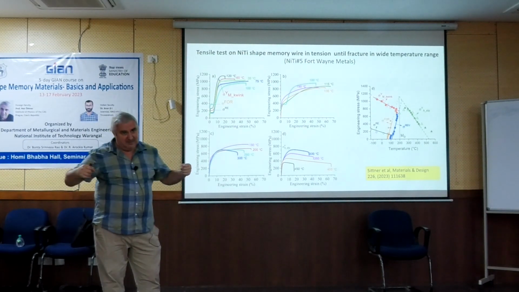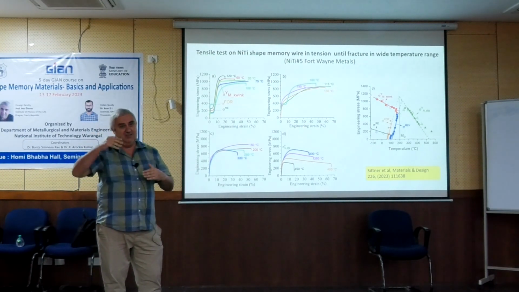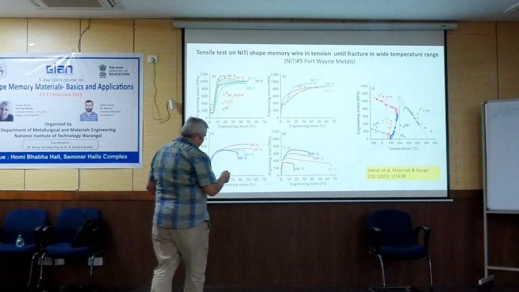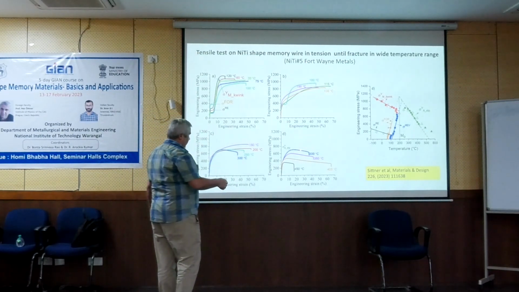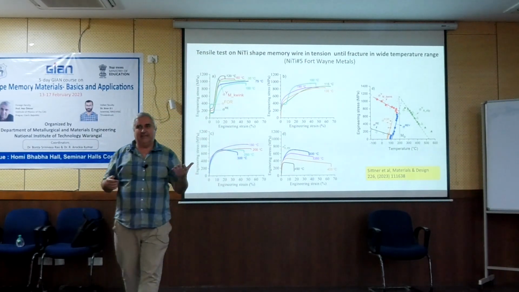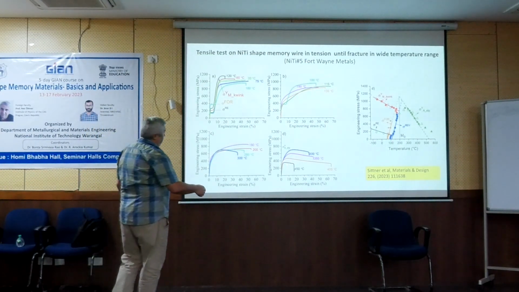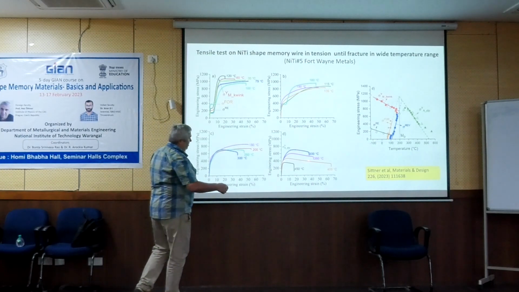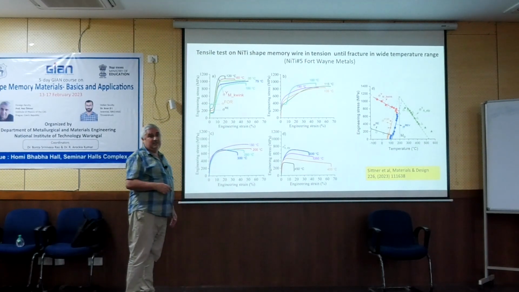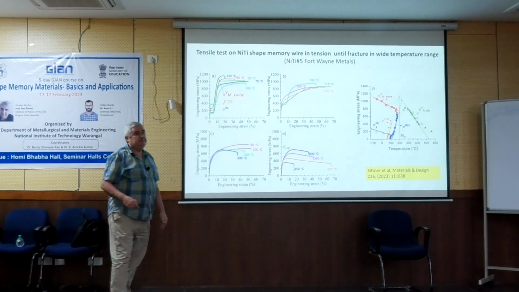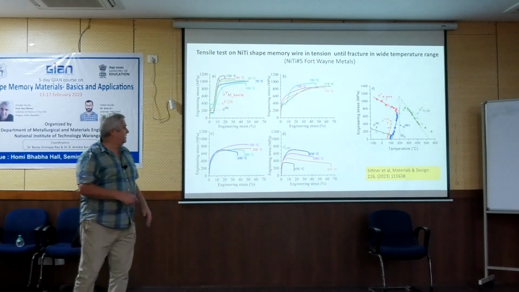The faster you deform, the higher is the stress. I didn't understand why that was, so we remeasured it in position control, and then we got such responses. This is the last one, at 400 degrees Celsius.